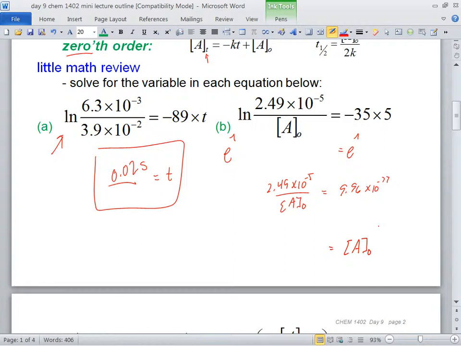Since this 9.96 times 10 to the negative 77 is already in the calculator, I'm going to push shift 1 over x and flip it. Then take it times 2.49 times 10 to the negative 5, and I have my answer: 2.49 times 10 to the 71.